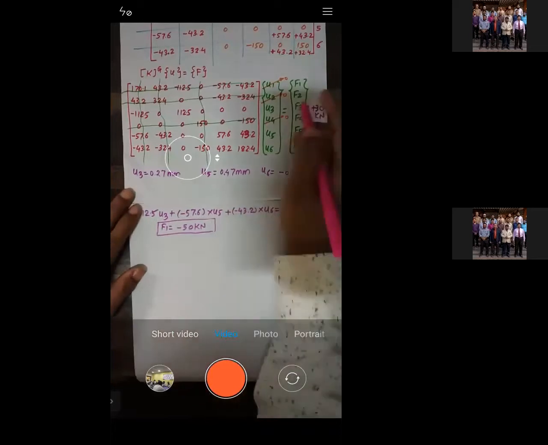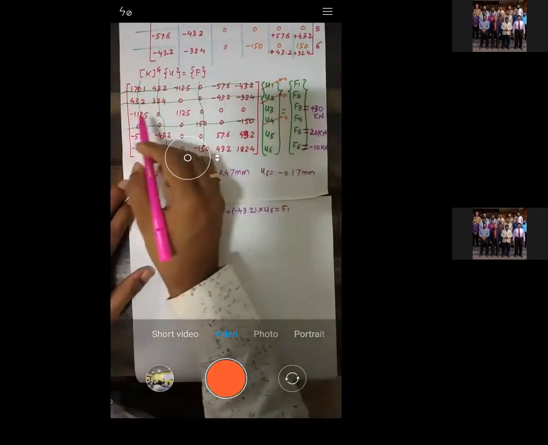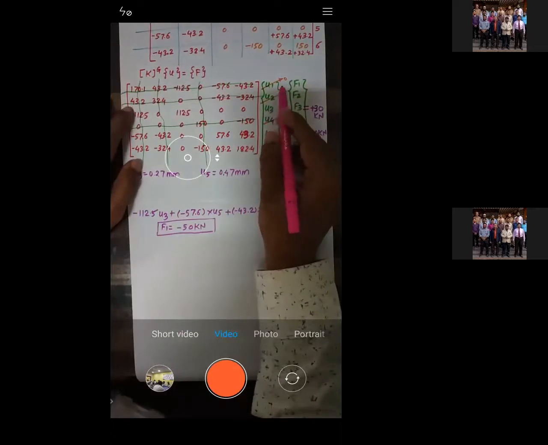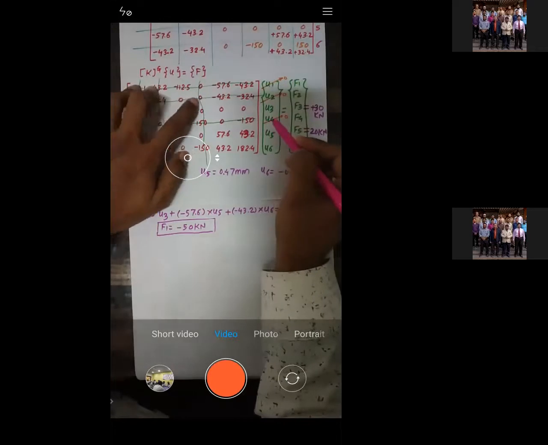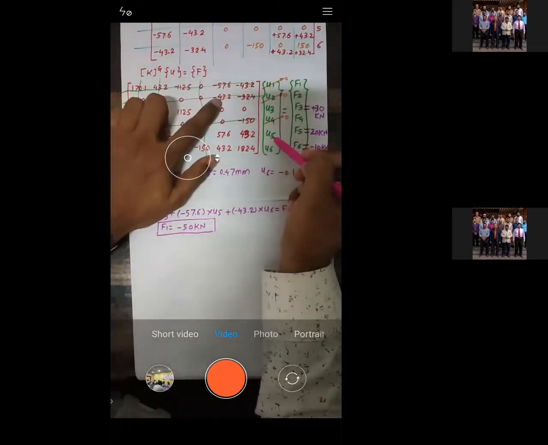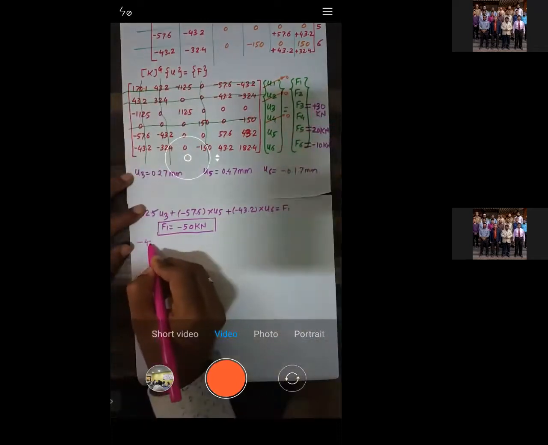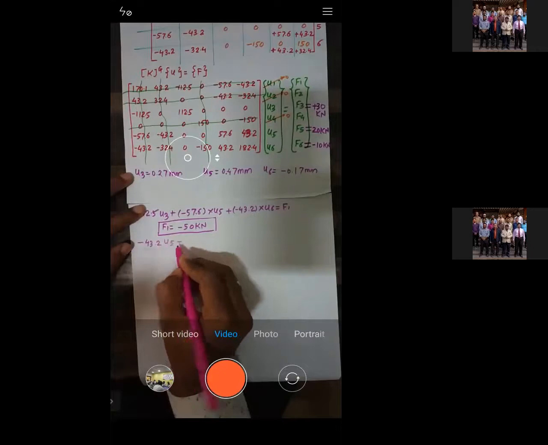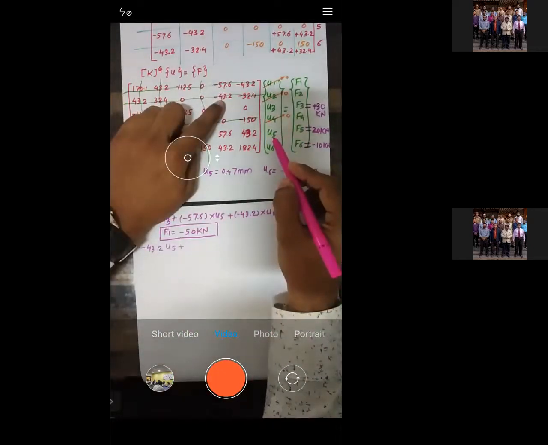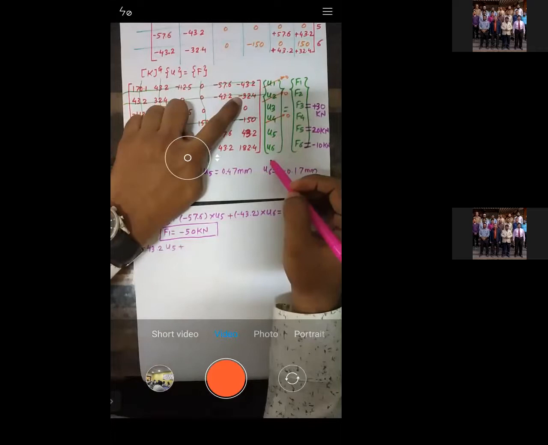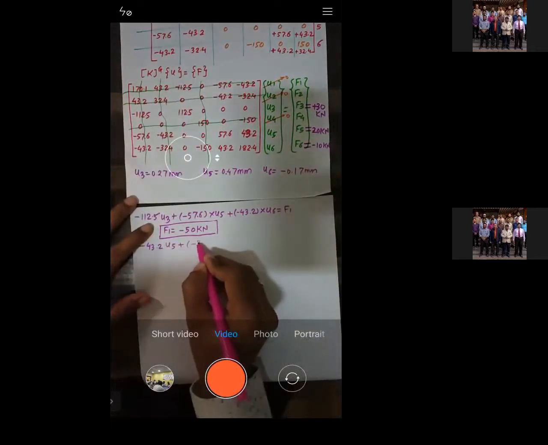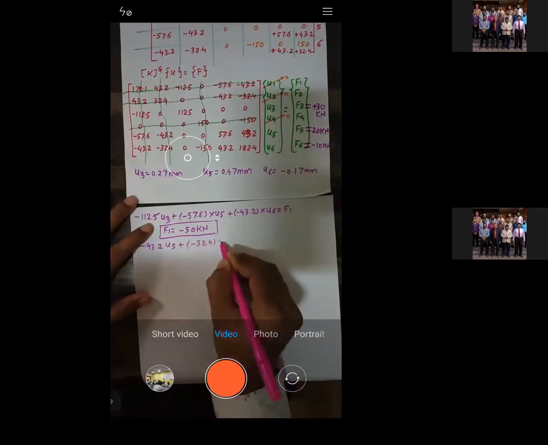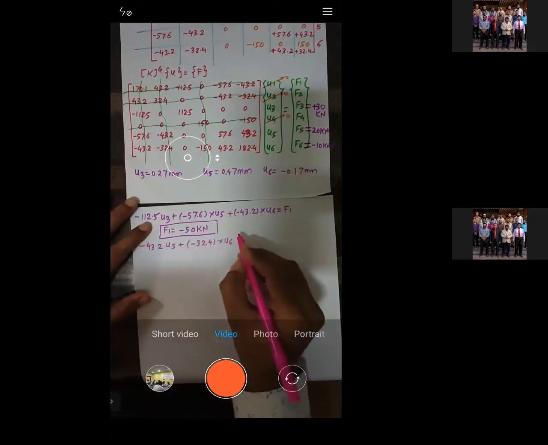Now let us calculate F2. How to calculate F2? Second row by this column, right? The initial two terms will be 0. The third term, 0 into U3, is 0. The fourth term, 0 into U4, is again 0. What is remaining? These two terms, right? So minus 43.2 into U5 plus minus 32.4 into U6 is equal to F2.